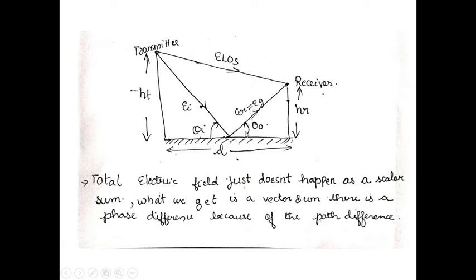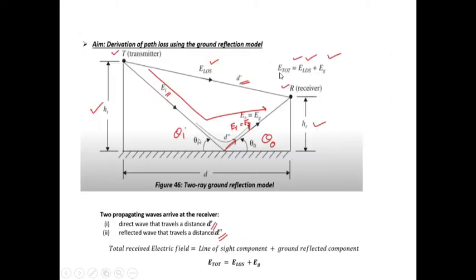The reflected wave and the ground wave components are equal, and this is the angle of incidence and this is the angle of reflection. One thing to note here is that the linear distance, that is D in this case, and the displacement are going to be different. The displacement for the LOS path and for the reflected path is going to be different.